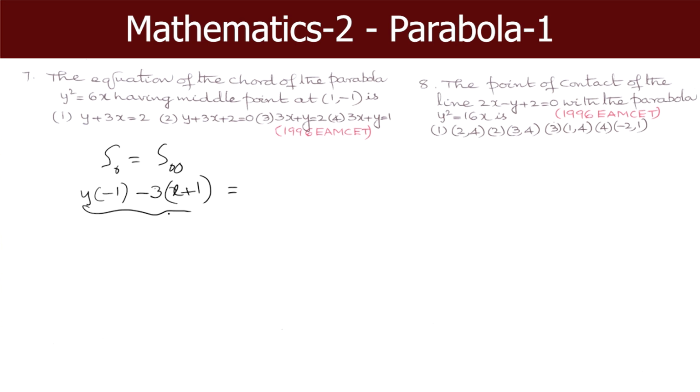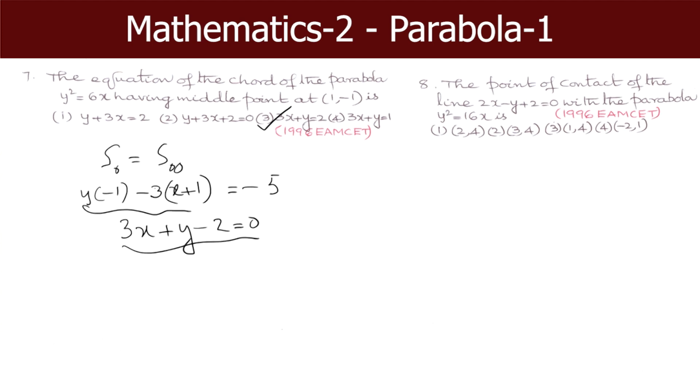So this is y naught minus 2a times x plus x naught, that is S1. S11 is y naught square minus 4a x naught, that is replace y square minus 6x by y as minus 1 and x as 1. So this is 1 minus 6, minus 5. Or this is 3x plus y minus 5 plus 3 minus 2 equal to 0, or 3x plus y is equal to 2, which is the third option.